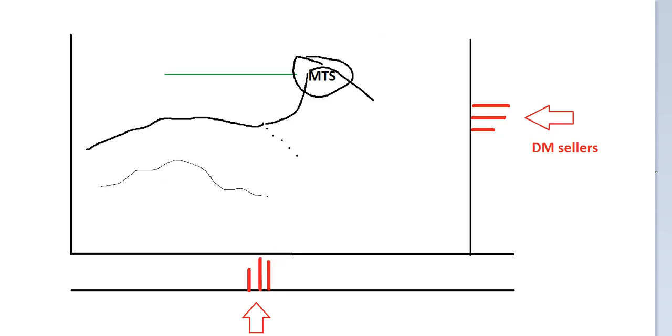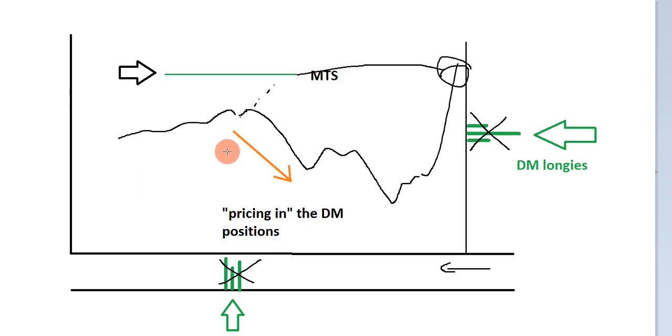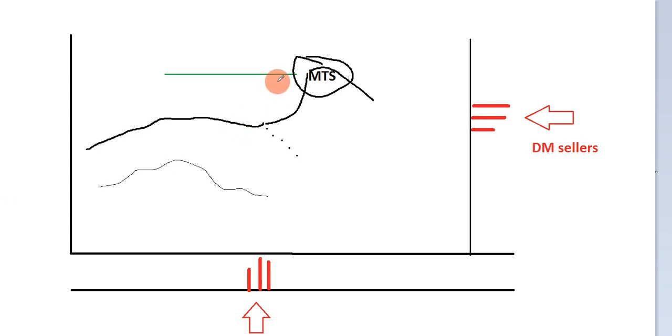Okay, and in fact, let's go to the second example first. In the real life example, we had the longies coming in exactly as I've shown at the beginning. So the smart money algos need to get rid of those and thin those out, price these in by doing a move away from the MTS. And then what happened after? Eventually we had shorties entering the market.